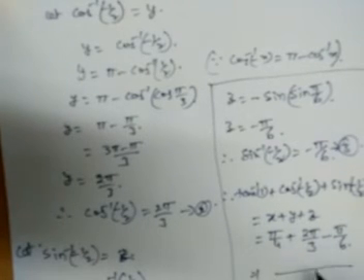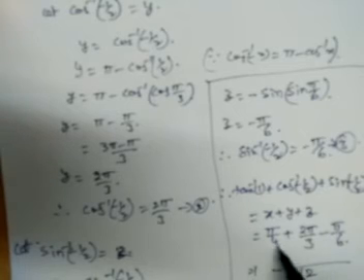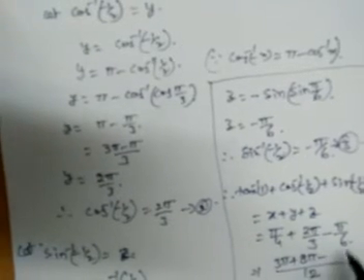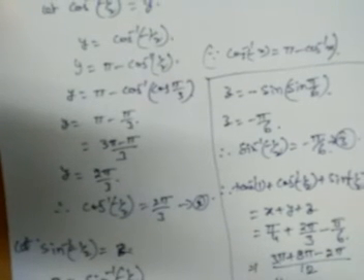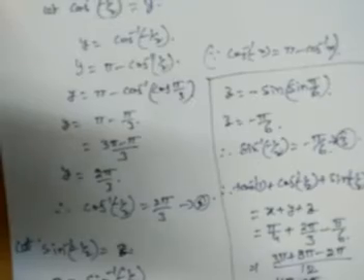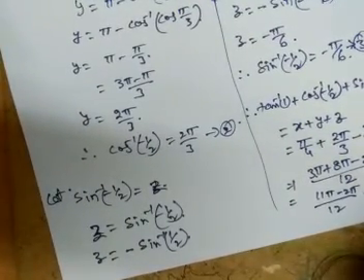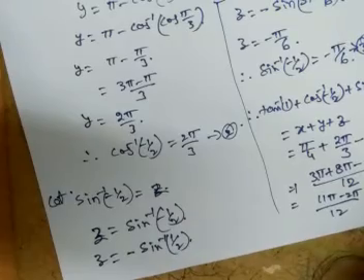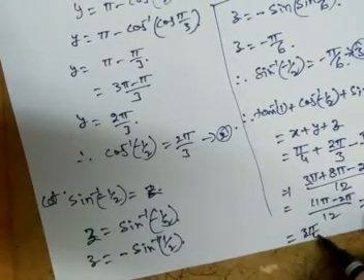Now take the LCM of 4, 3, 6, the LCM is 12. 4 goes into 12 three times, so 3 pi plus 8 pi minus 2 pi, that equals 11 pi minus 2 pi by 12, that equals 9 pi by 12. 3 3 cancel, 3 4 cancel. So the final answer is 3 pi by 4.